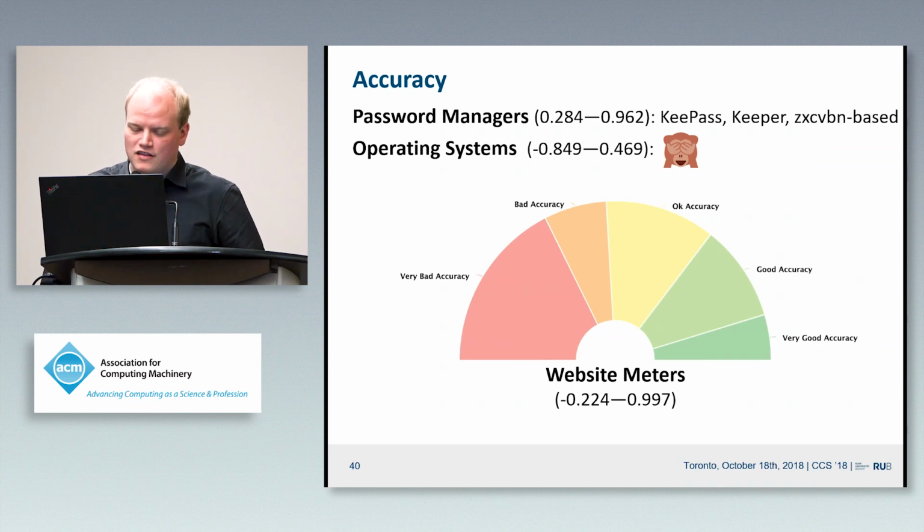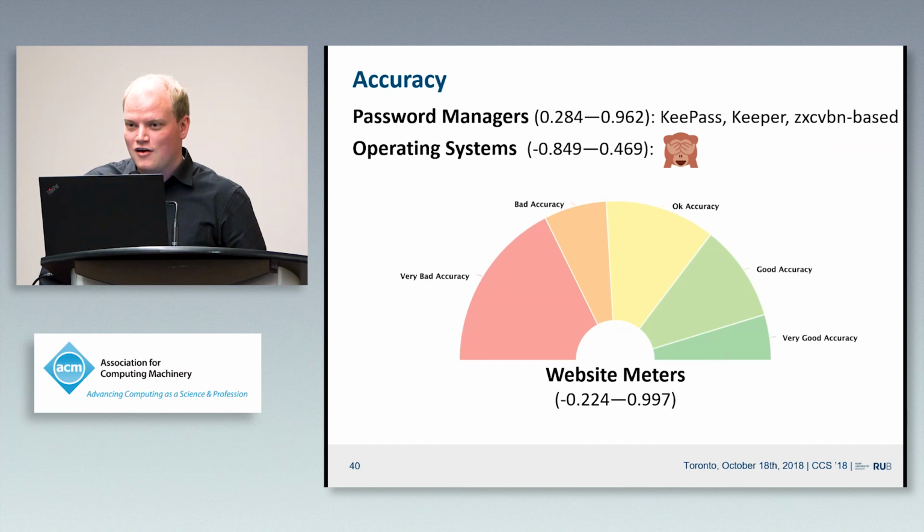Different to that are the strength meters that can be found in operating systems. Especially named is macOS and Ubuntu Linux. You cannot trust those meters. And there are even bug reports back from 2006 that show that the meters do not perform well. And they have a very high negative correlation.